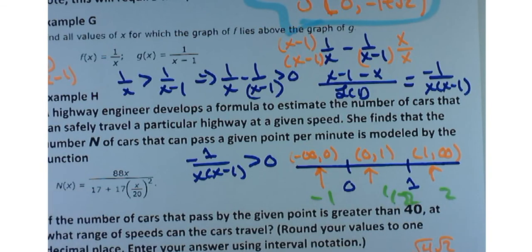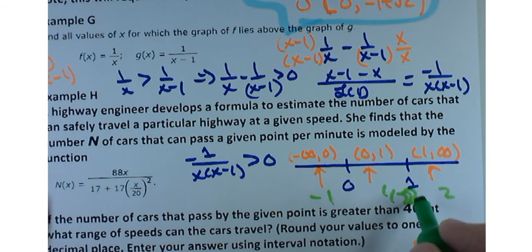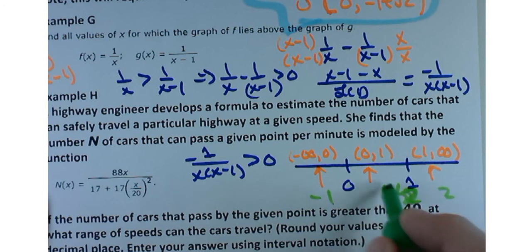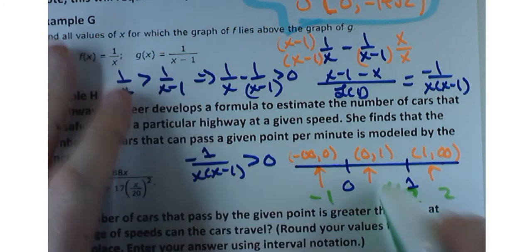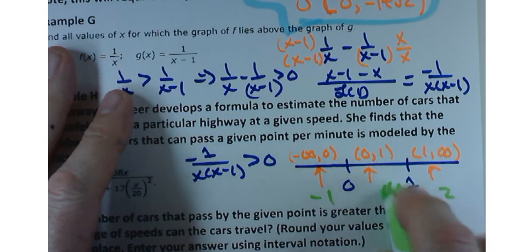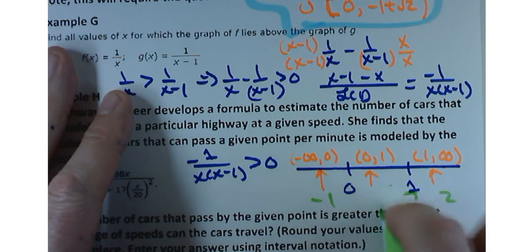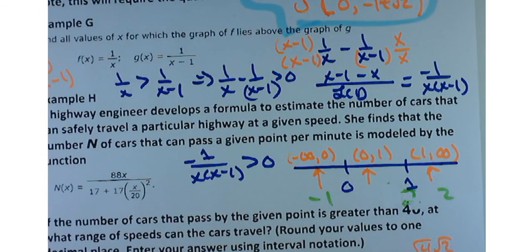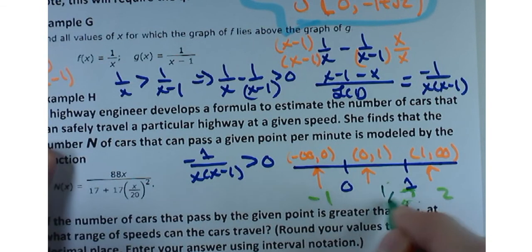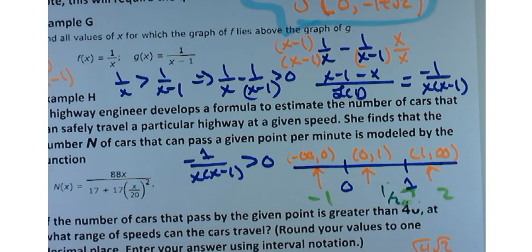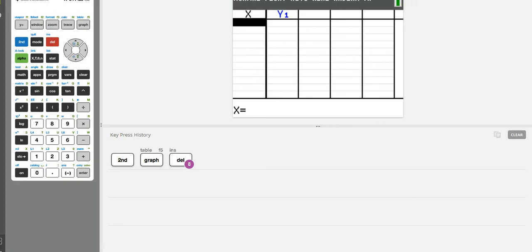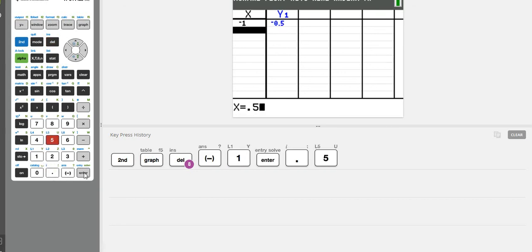Those are some easy test points. 1/2. That's just terrible. Little Photoshop here. It's supposed to be a 1/2 in here. All right, I'm not going to mess with it anymore. So negative 1, 1/2, and 2.